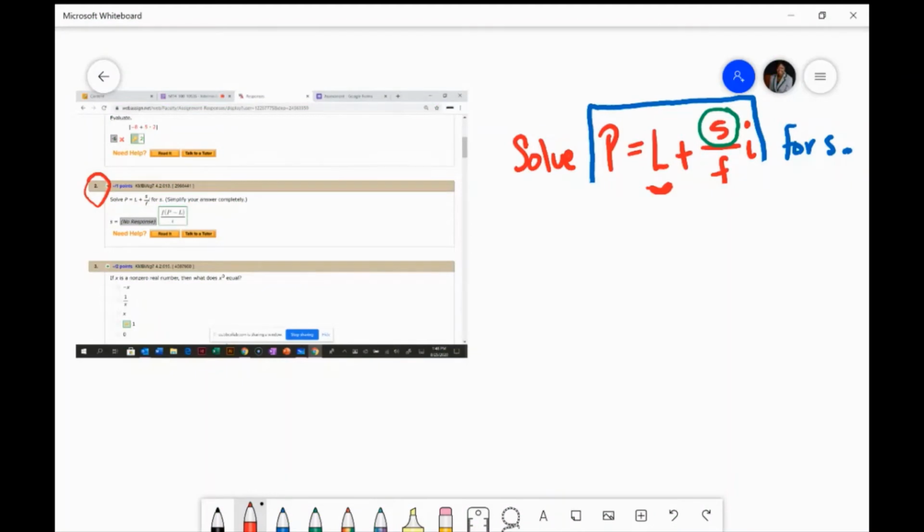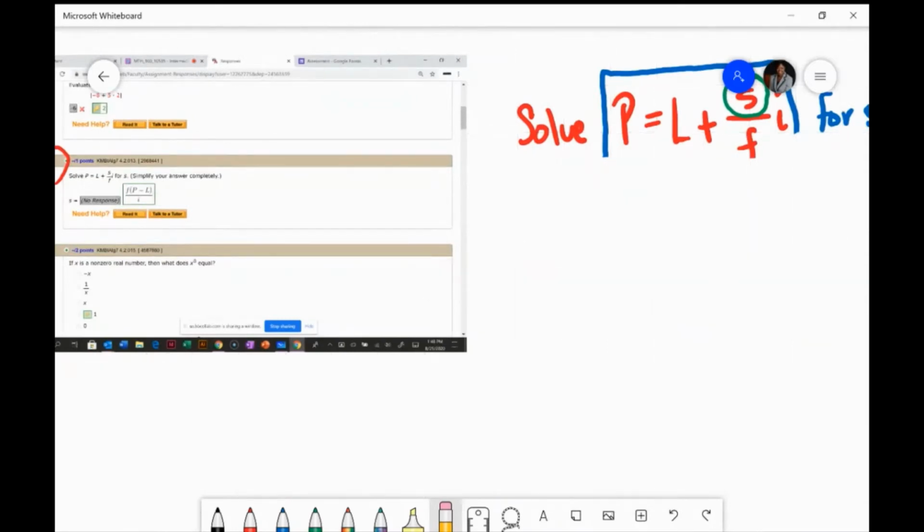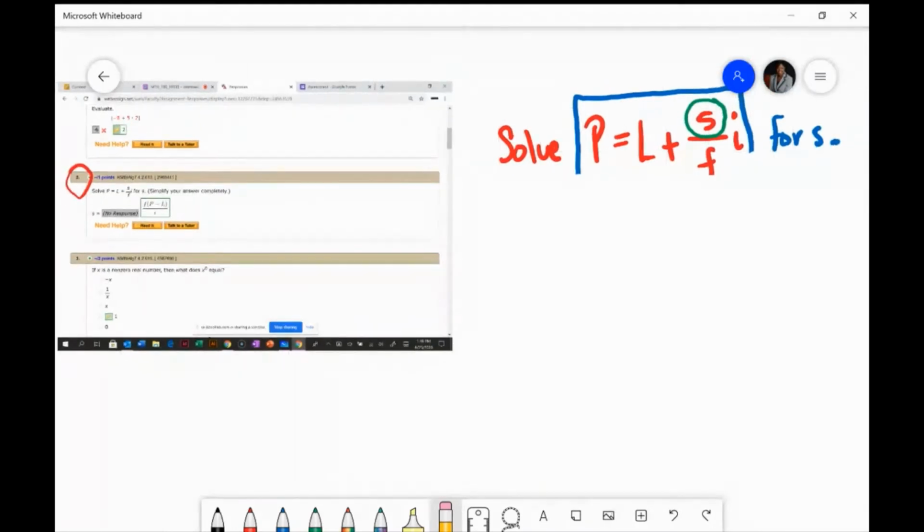Can someone other than Asia tell me, how can I move L to the other side mathematically? Subtract L on both sides. Yes, Jonathan and Kaylin.